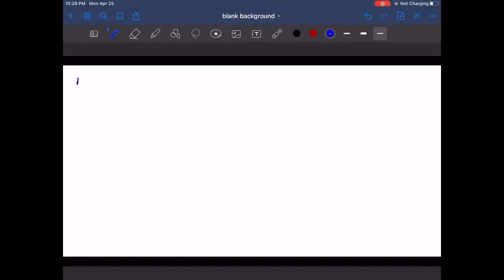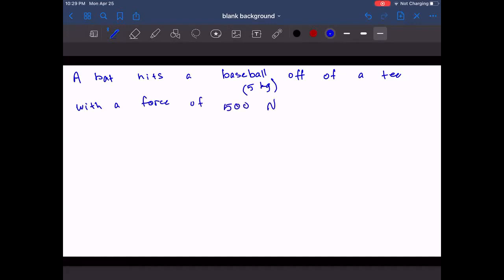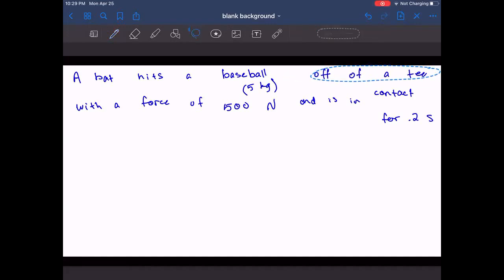A baseball, a bat, with a force of 500 and is in contact for 0.2.